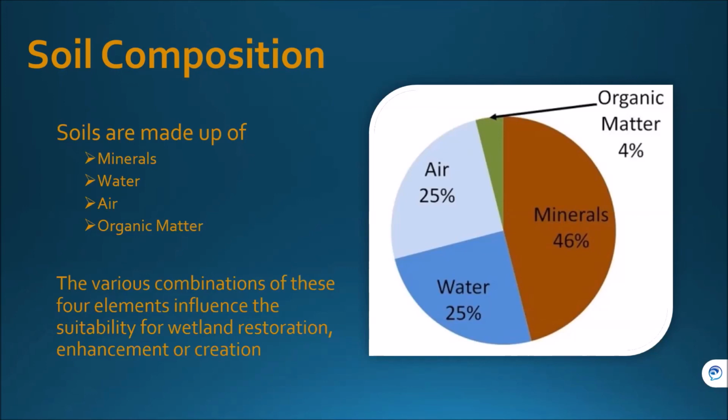The main thing is that air and water are going to be the stuff that comes and goes. It's going to vary throughout the year, depending on when you're there, how much is going to be there. So those two are not static. Next slide, please.